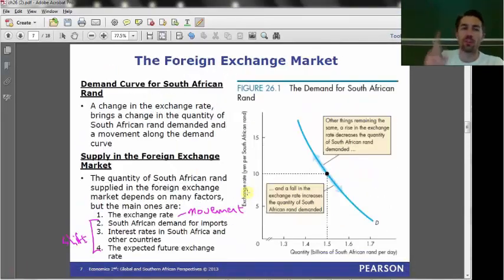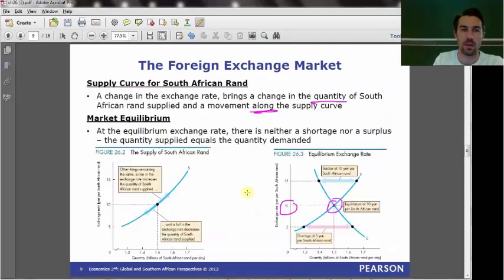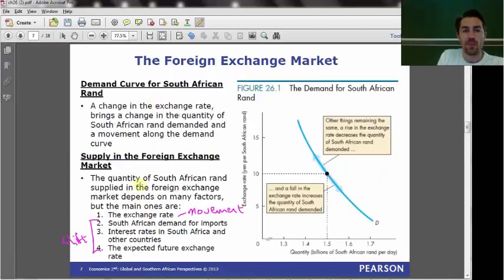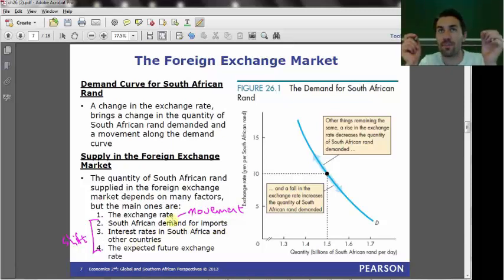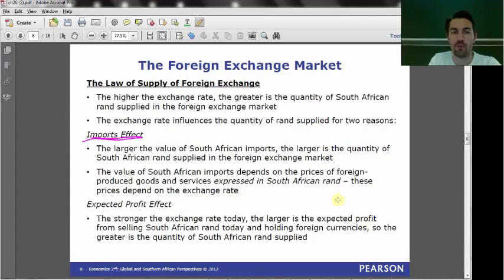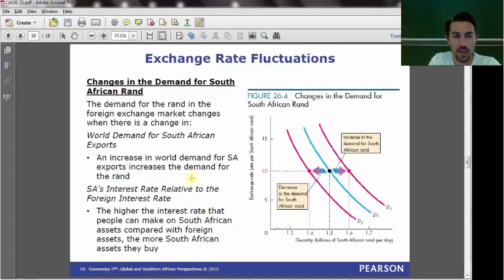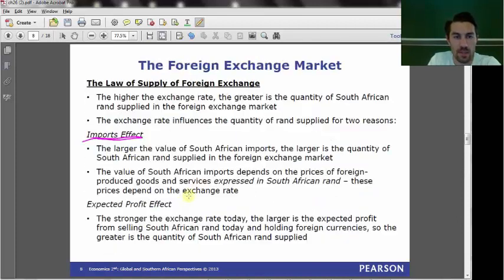So first of all, we've spoken about a supply side effect for rands, right? So the supply curve for rands, the interest rate in South Africa and in other countries relative to one another, it's going to shift the supply of rands and it's going to shift the demand for rands. So that was the demand side effect. And on the supply side, where is my supply side curve?